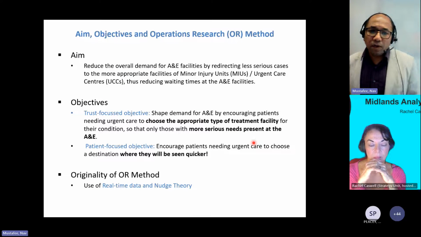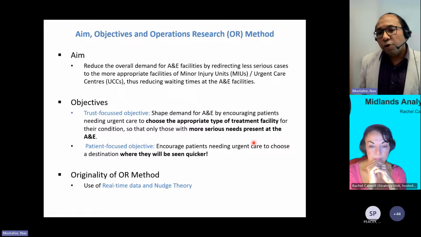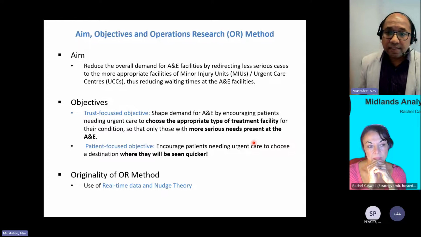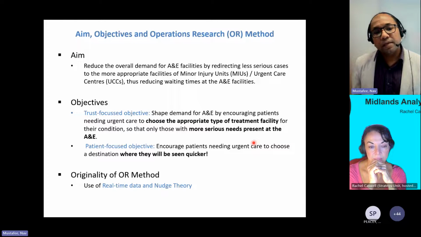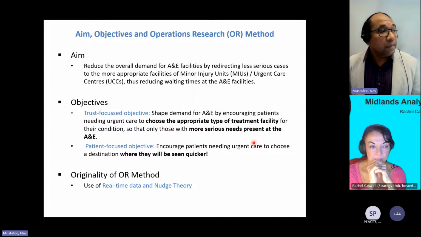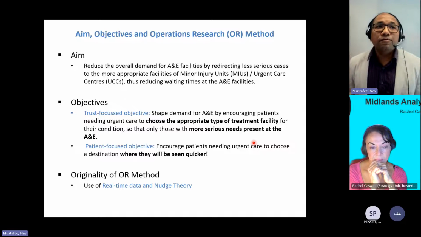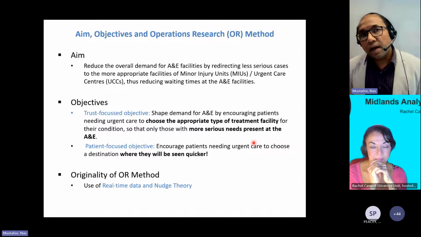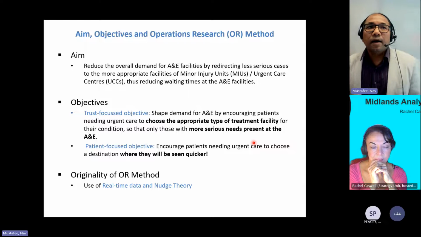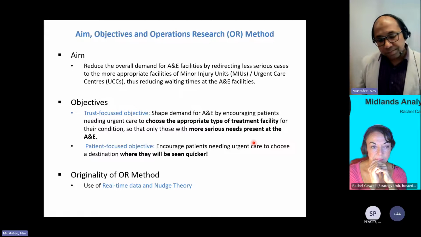So the aim of the work is to reduce demand for A&E facilities, with the objective of redirecting less serious cases to the minor injury units, urgent care centers, and walk-in centers. By doing that, the demand is being shifted. But a question can be asked: if too many people are sent to MIUs and urgent care, then the waiting times there are going to increase, although A&E facilities may then show a lower time.